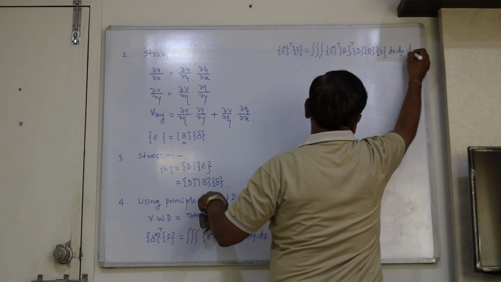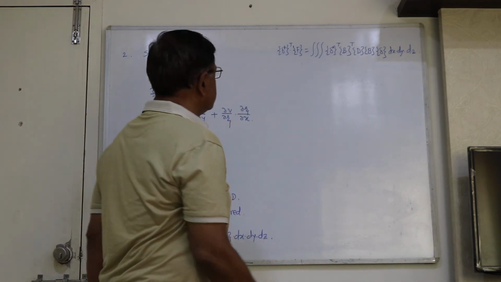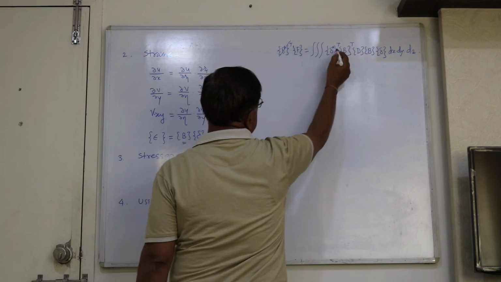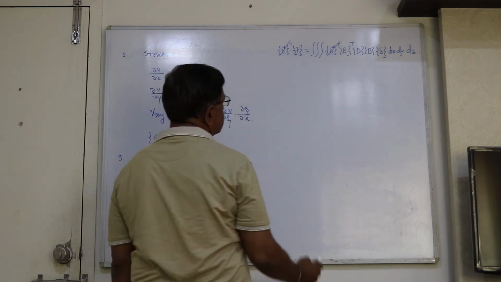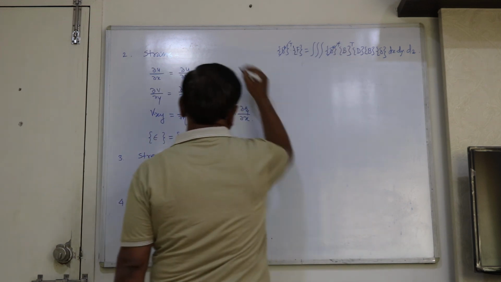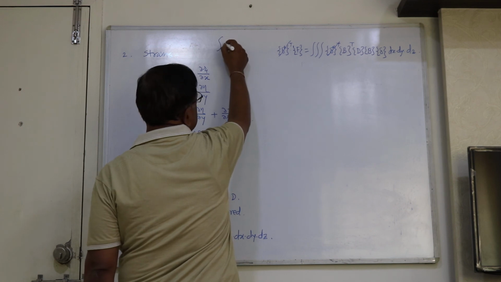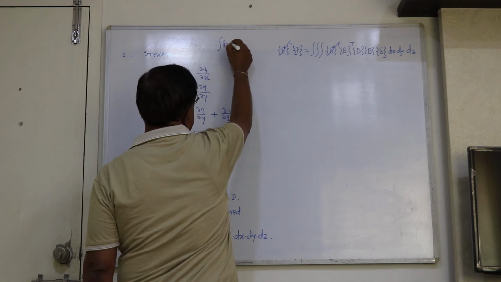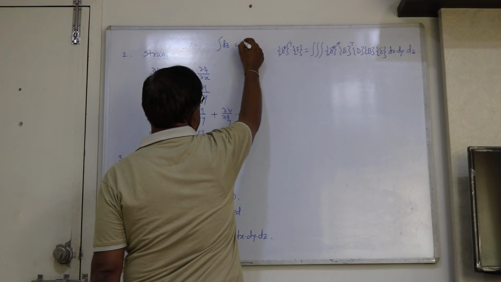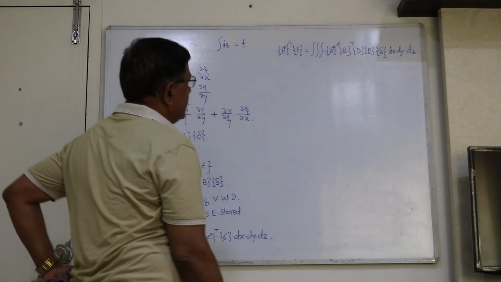So this delta virtual displacement vector gets cancelled, and also we know that the integration of dz is nothing but thickness of the element.